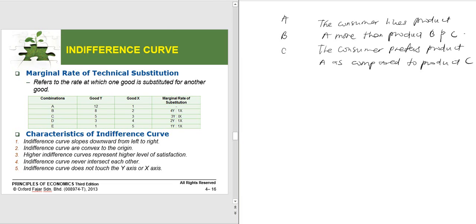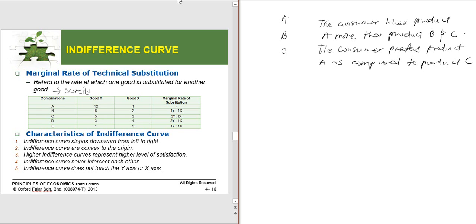Now, this is what I meant by marginal rate of substitution just now, from the assumption that I explained before this. It refers to the rate at which one good is substituted for another good due to scarcity.